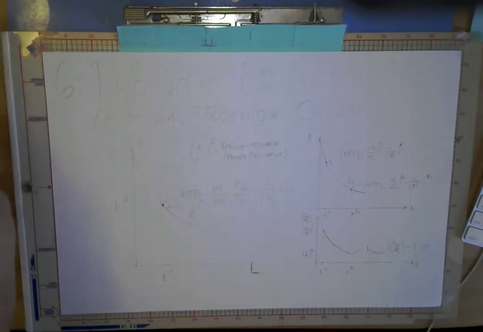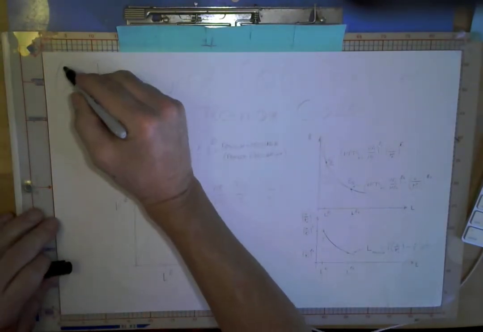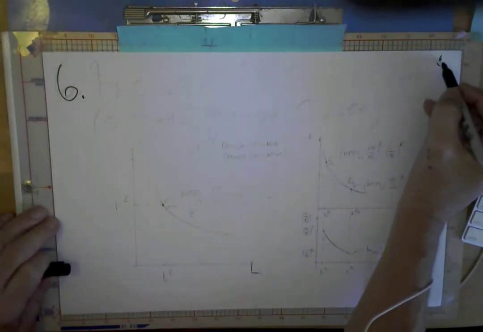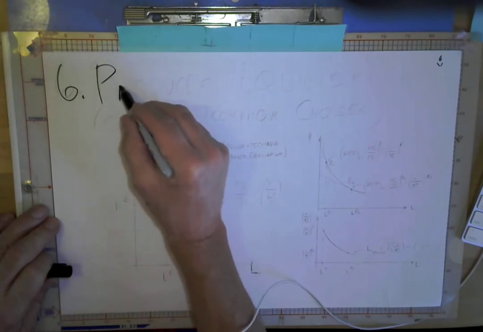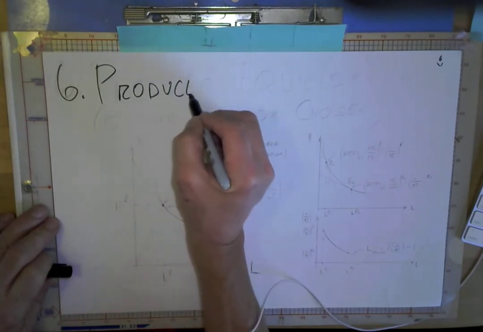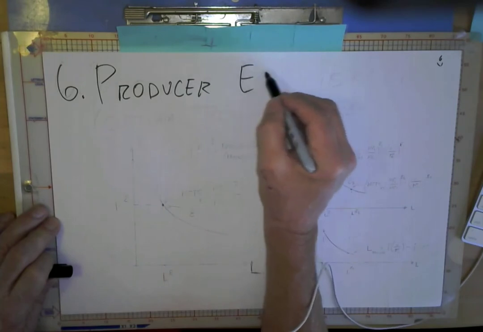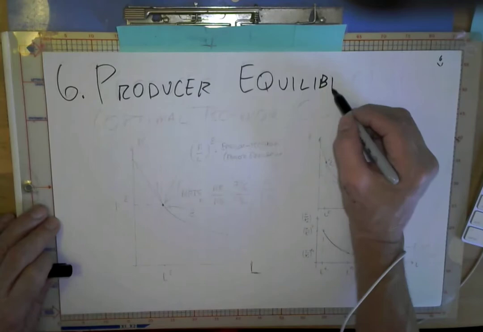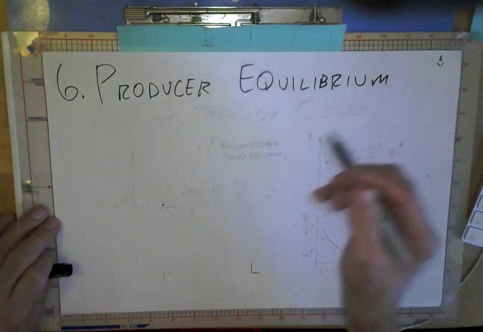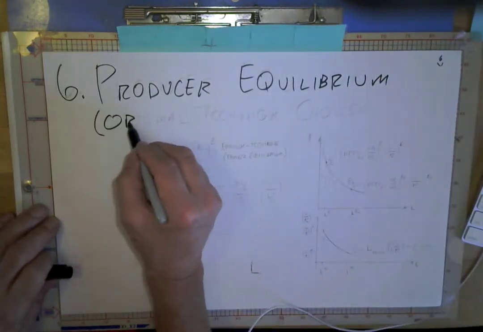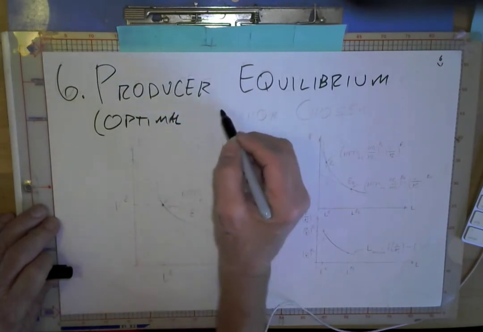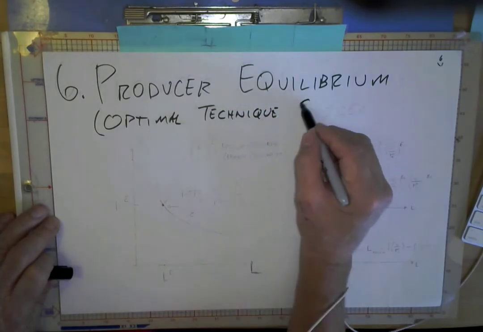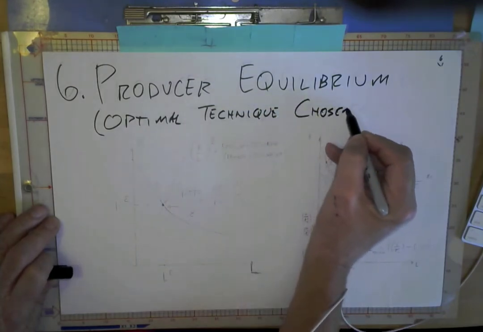We'll call this number 6, page 6 here. This is going to be producer equilibrium, the optimal technique chosen, the choice of technique.